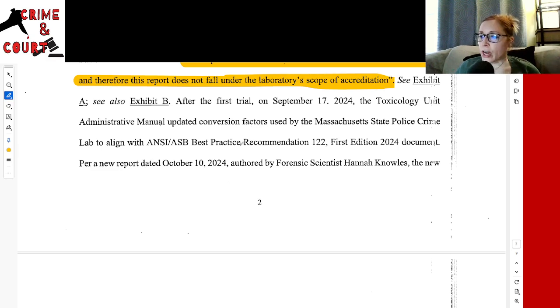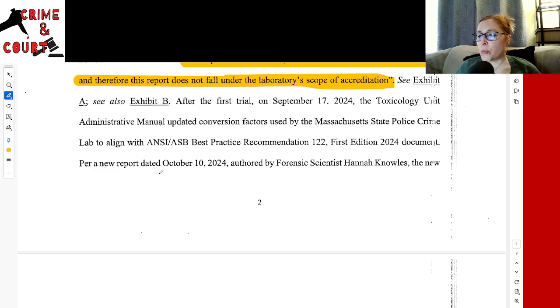So after the first trial on September 17th, 2024, the toxicology unit administrative manual updated conversion factors used by the Massachusetts State Police Crime Lab to align with the ANSI/ASB Best Practice Recommendation 122, First Edition 2024 document.